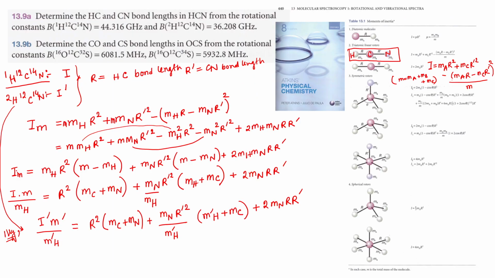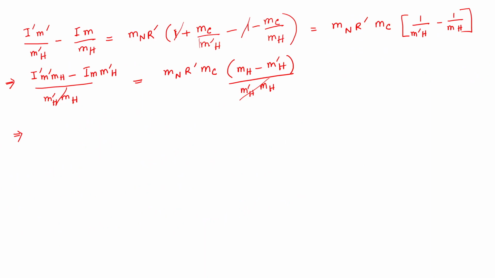So what are the things we need to calculate? We need to calculate the R and R dash. So this is Mn MC R dash.